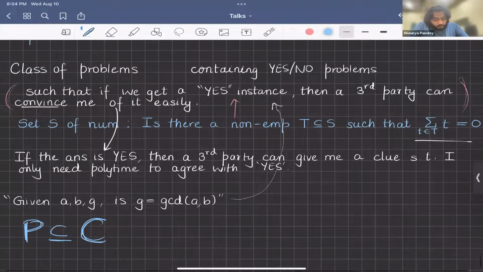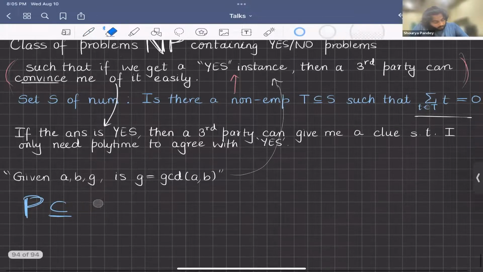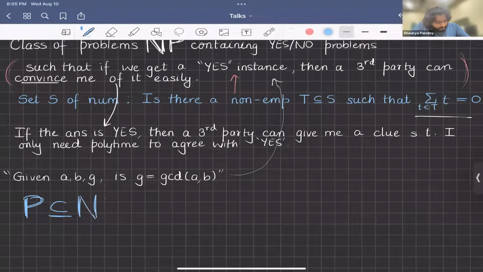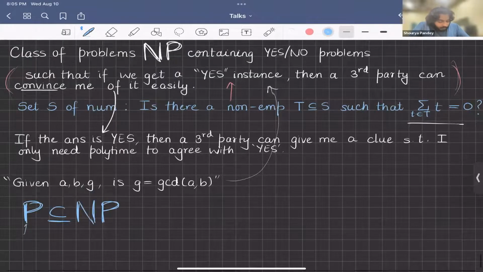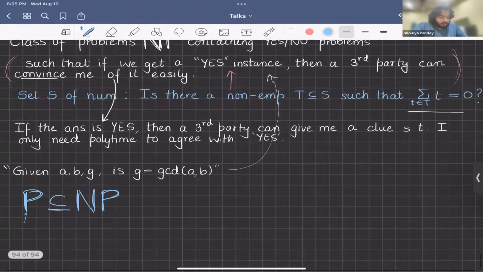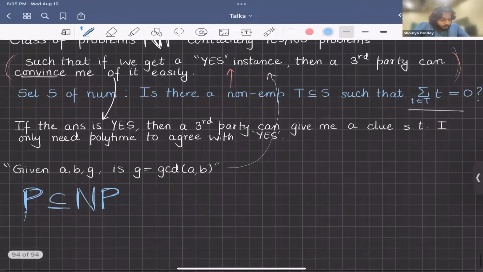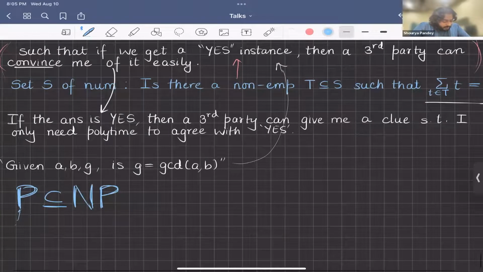But now this class is what is called NP. So the point that P is a subset of NP is true because, again, I'm only taking yes or no problems in P. So just discard the problems that are not yes/no.